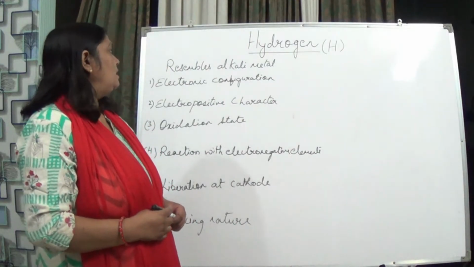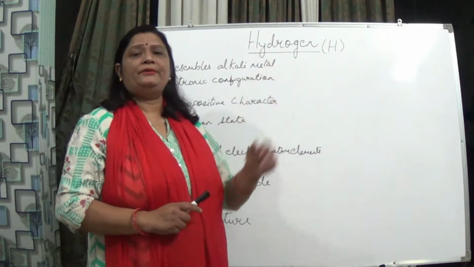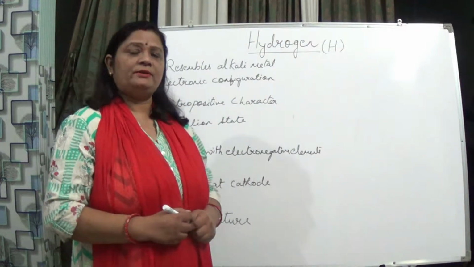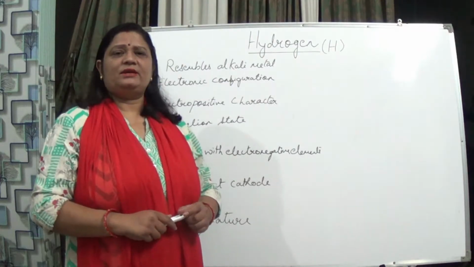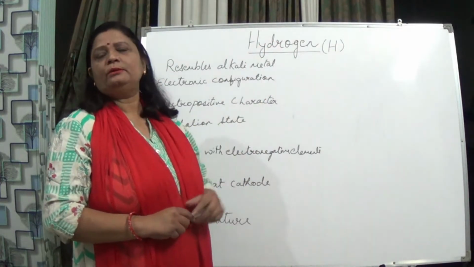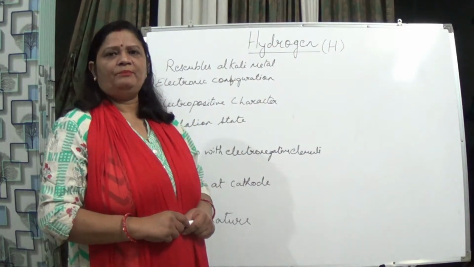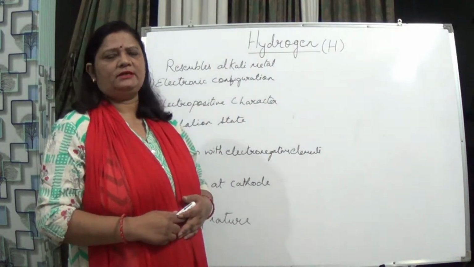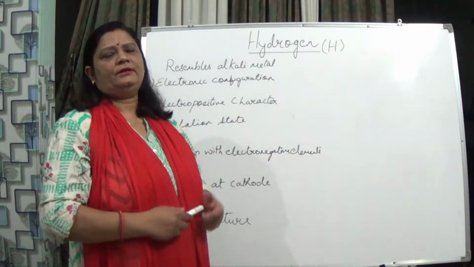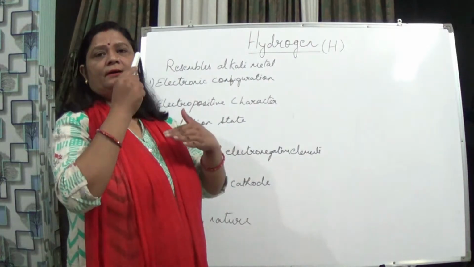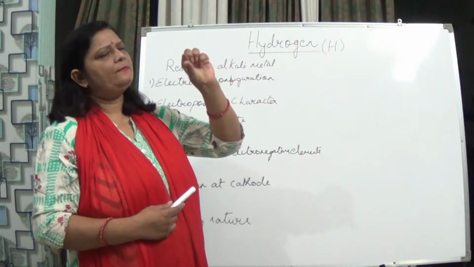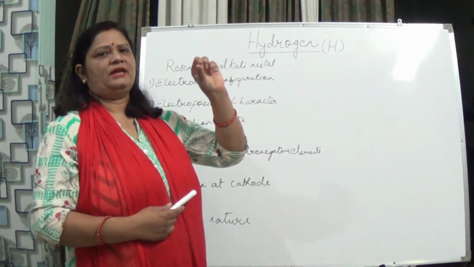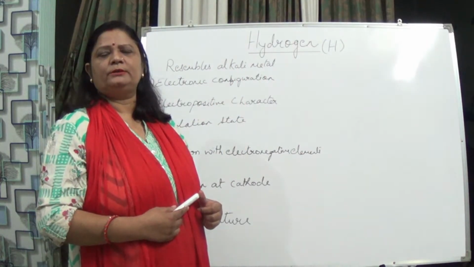Now if we talk about where hydrogen is placed in the modern periodic table, we see that no group has been allotted to hydrogen. If you see your NCERT book, it is kept above lithium in group 1, but you will see that there is some space between hydrogen and lithium in the book.